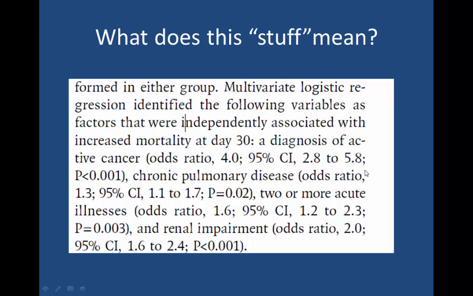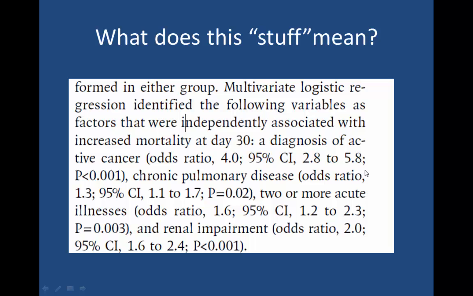Your actual odds were from 2.8 up to 5.8. So there was a slightly higher risk that if you had a diagnosis of active cancer that you would die by day 30 in this study.